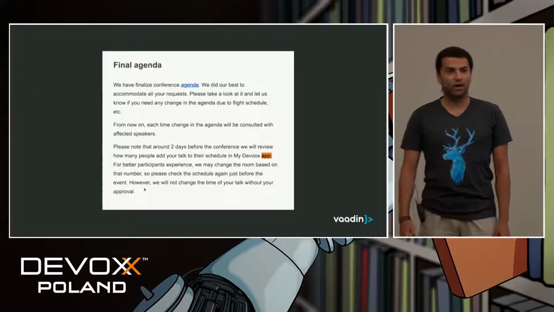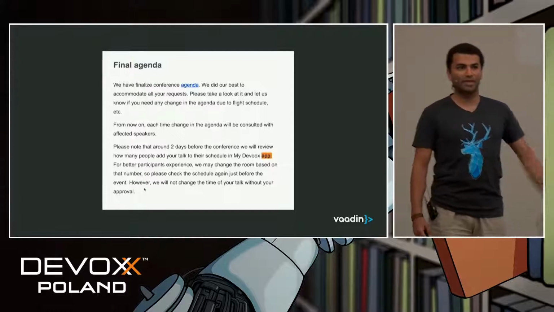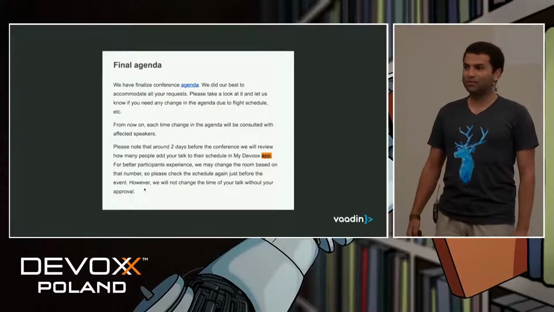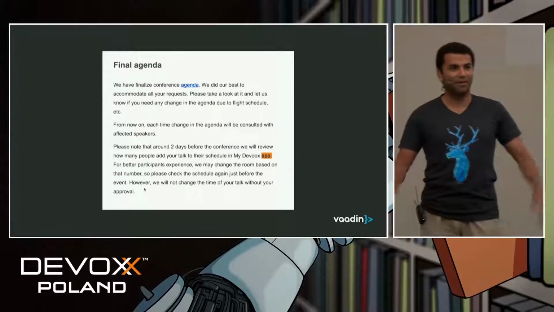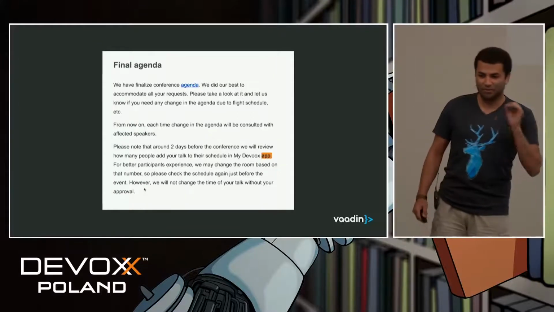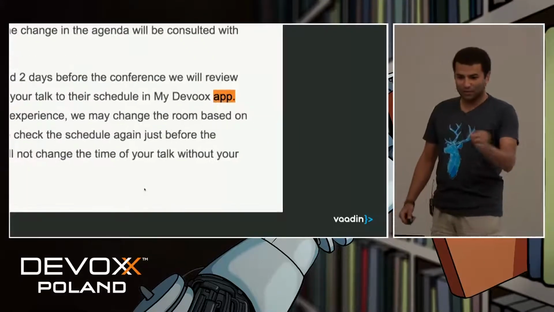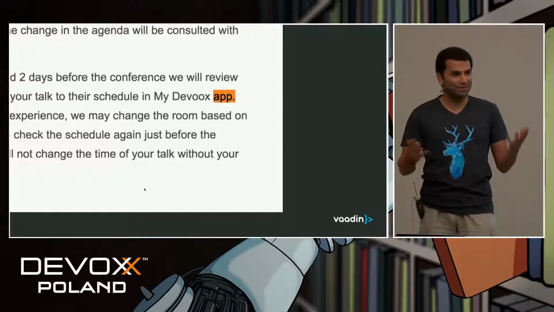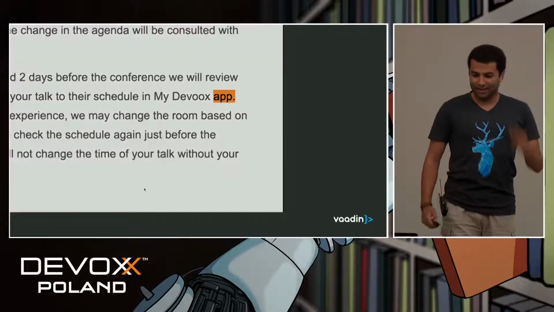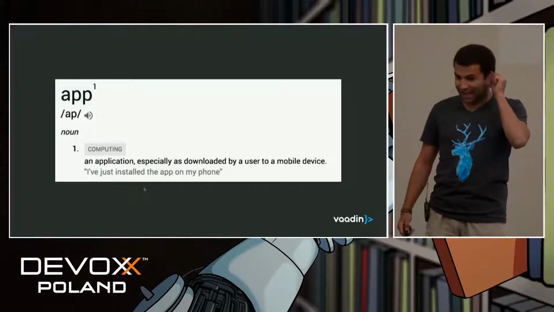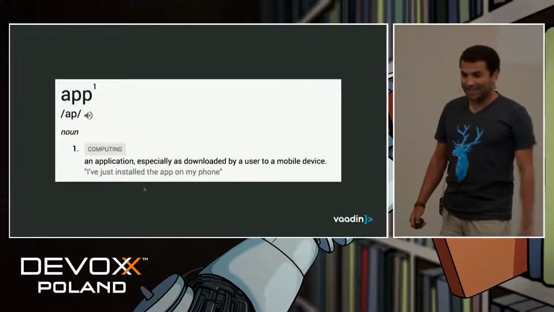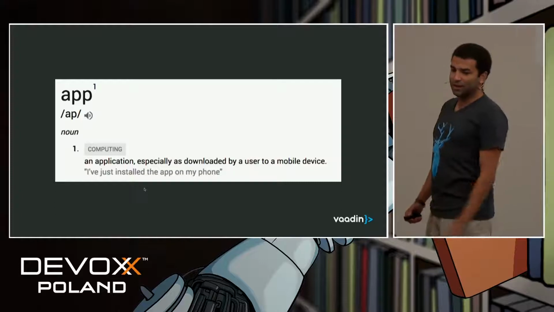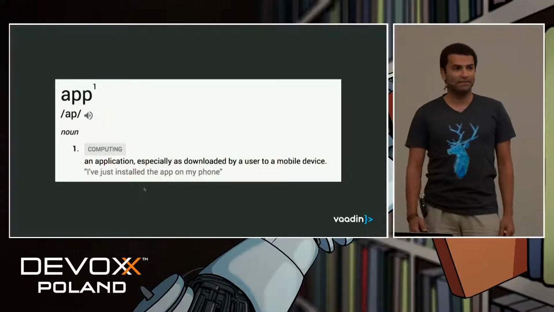Unless you got a similar email like myself a few days ago from Devoxx Poland, telling you about the final preparations, and if you pay attention, they mentioned the word app. So yeah, it must be related somehow to other thing, right? Actually, according to dictionary, app is something that is downloaded by a user to a mobile device.